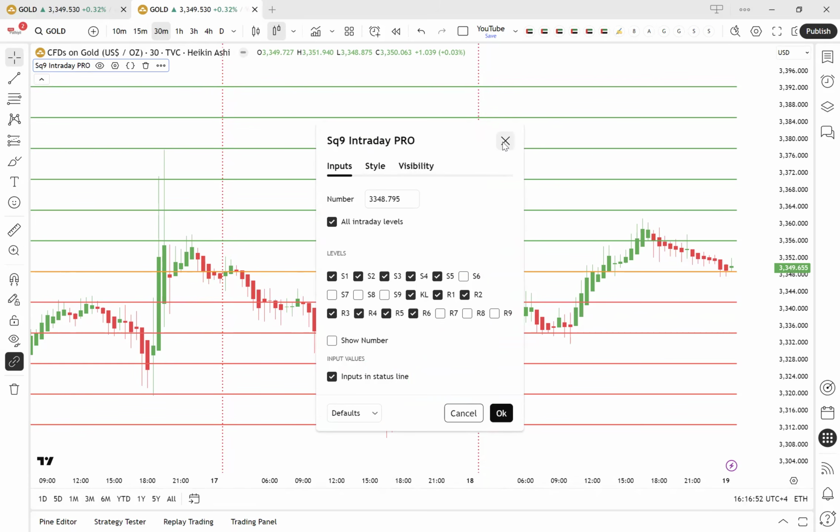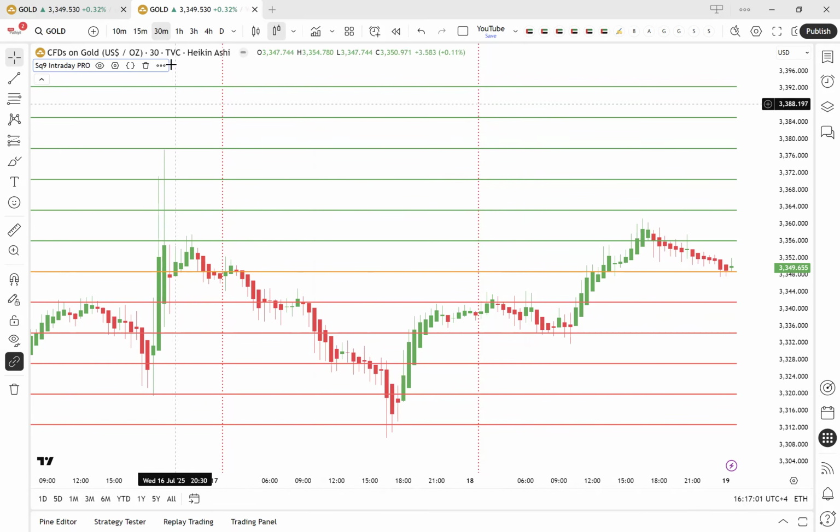And I'm letting you know that this particular indicator works only for gold international spot. Whether you work with a TVC chart or OANDA charts, whatever you have as per your TradingView setup, both work like on gold international spot only.